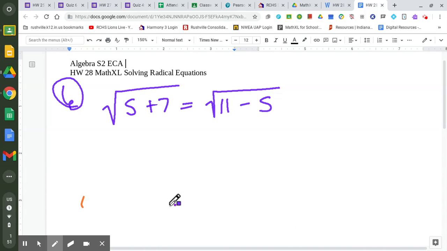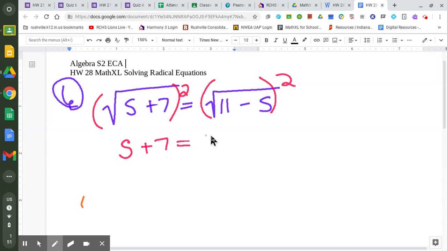Okay, on number 6, again, I have two radicals. They are already isolated. So I can square both sides. So that is s plus 7 equals, and then 11 minus s.